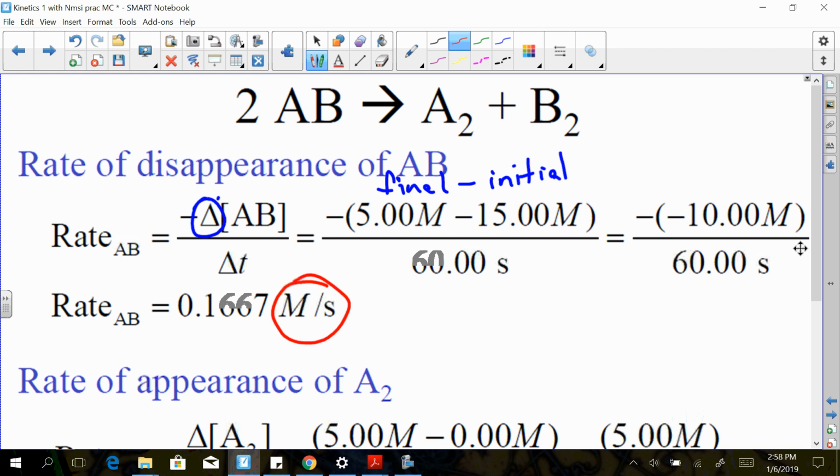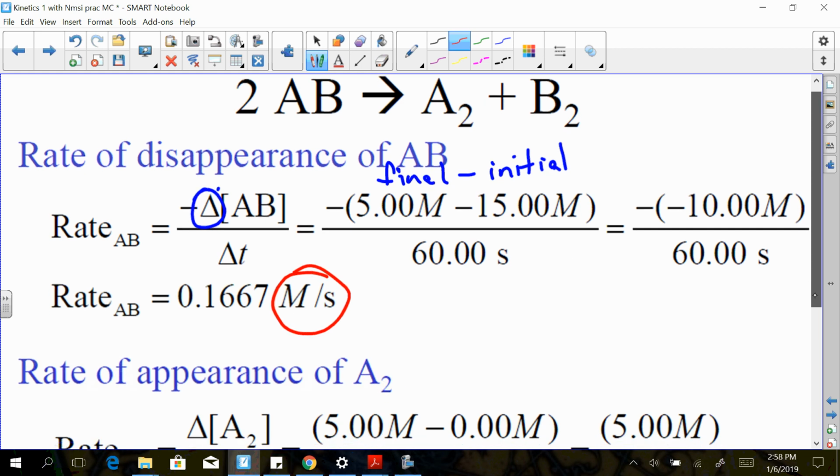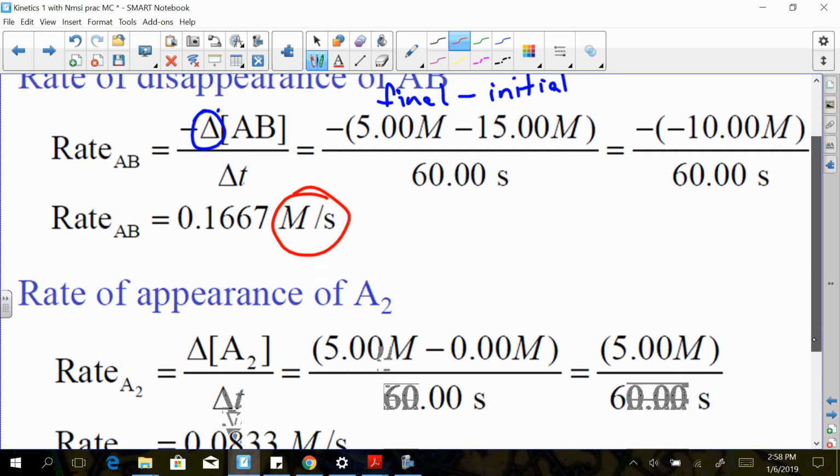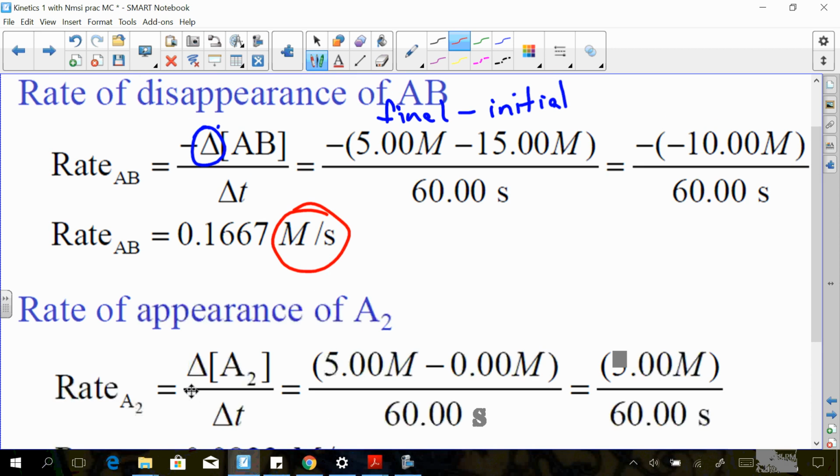Now, you didn't have to do this problem using AB. You could have started with a rate of appearance of A, or A2. If we look at A, the rate of A is the change of A over the change in time.